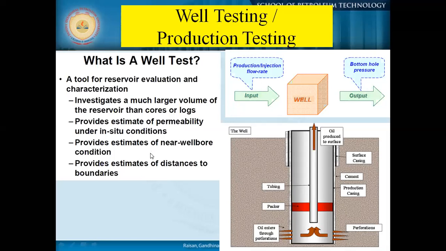So the flow will give us some idea about the physical nature of the reservoir as well as the surrounding. Okay, and that will estimate the near wellbore condition. That means whether we have skin or not, what sort of skin, and what we need to do to take care of our problems. Okay, and different boundaries also.